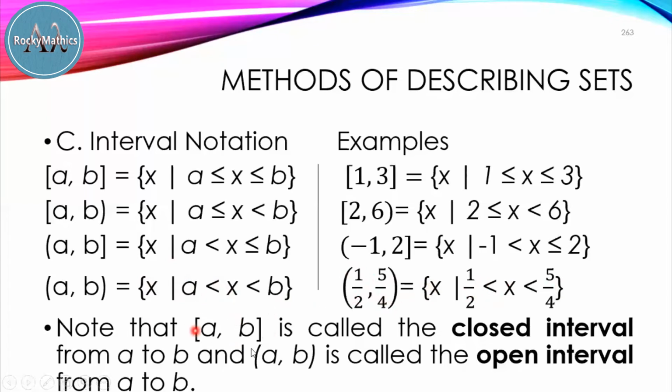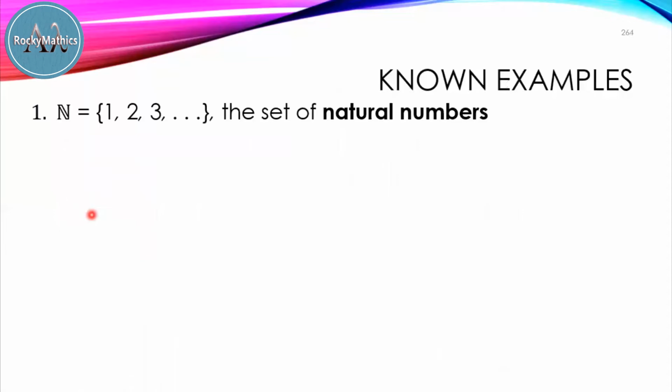Now take note, this one is called the closed interval from A to B, and this notation is called the open interval from A to B. Sometimes these two notations are called half-open and half-closed intervals. Okay, these are some of the known examples of sets.